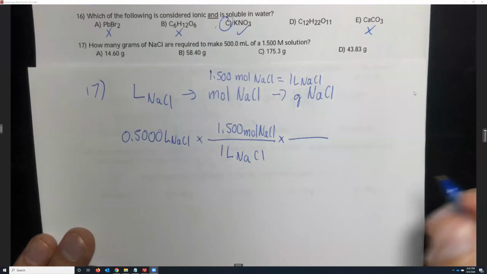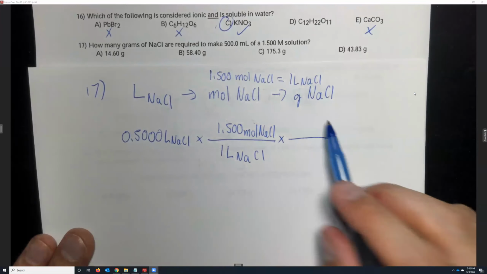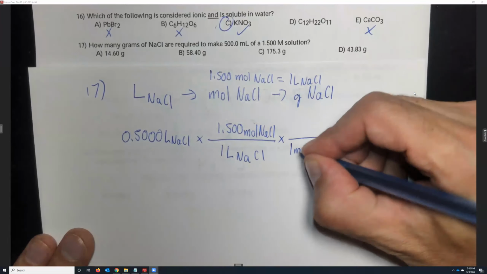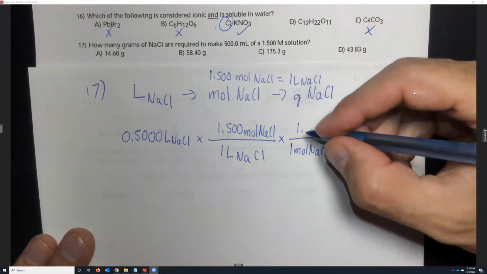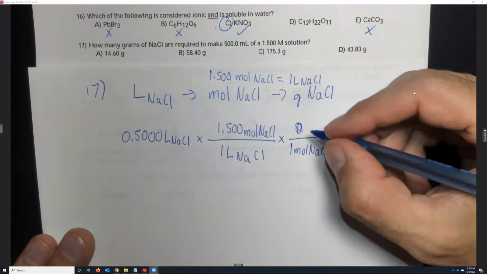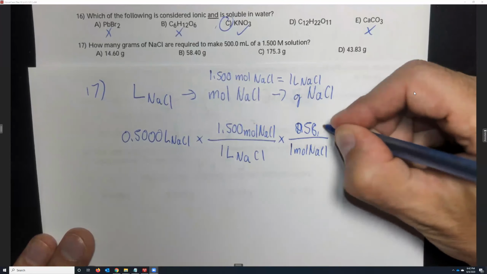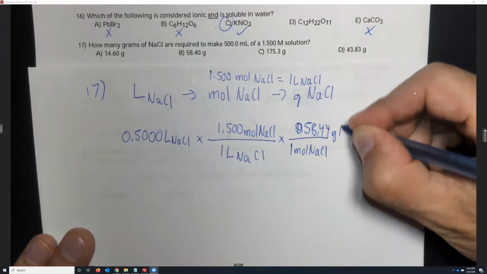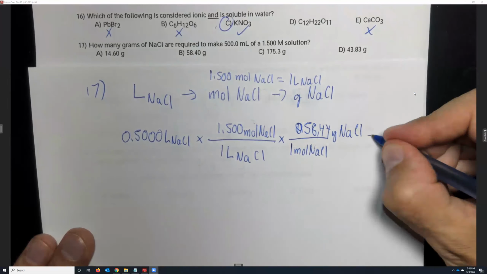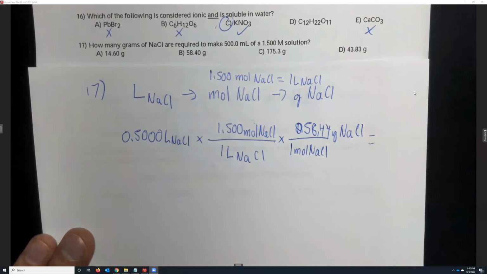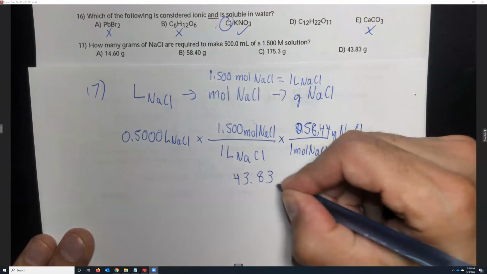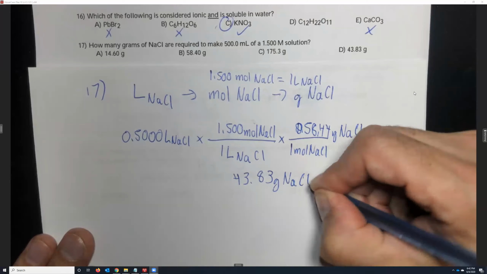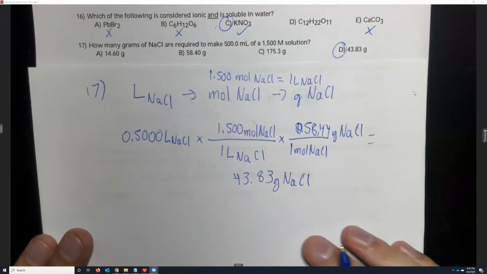Now I want to convert it to grams, so I have to look up the molar mass of NaCl. I put 1 mole of NaCl on the bottom, and 58.44 grams of NaCl on the top. When I multiply by the top and divide by the bottom, I get 43.83 grams of NaCl, which is choice letter D.